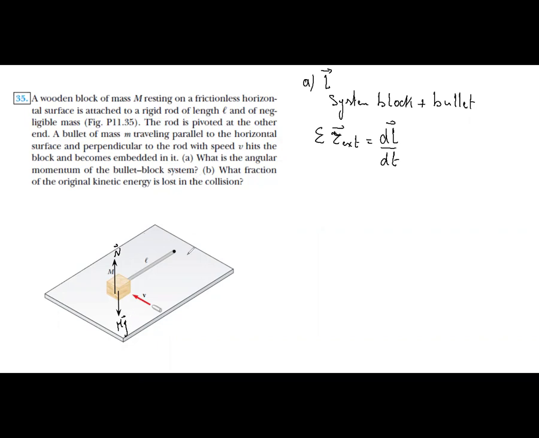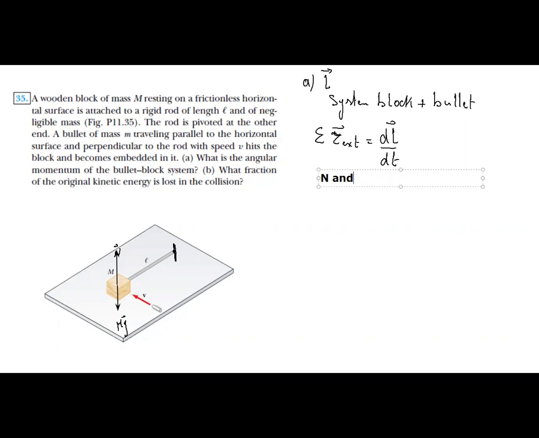The axis here is like this. N and mg don't contribute to the moment of force, first of all because N is parallel to the axis and mg is parallel to the axis.